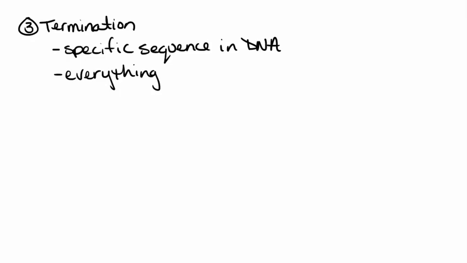And once the polymerase reaches this particular sequence in the DNA, what we're going to see is that everything dissociates. So what we mean by that is that the RNA polymerase is going to come off of the DNA. It's going to release the new transcript, which is what we would call that piece of RNA that we now have. The DNA is actually going to close right back up again.